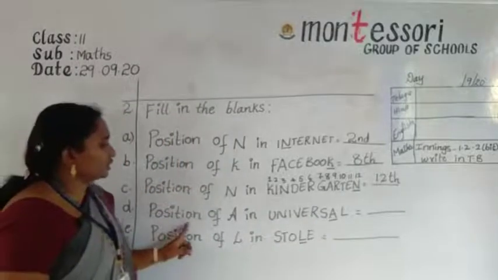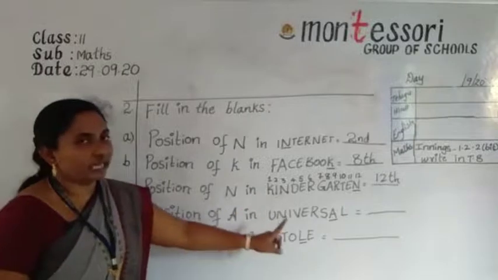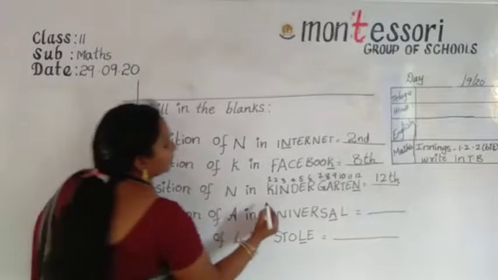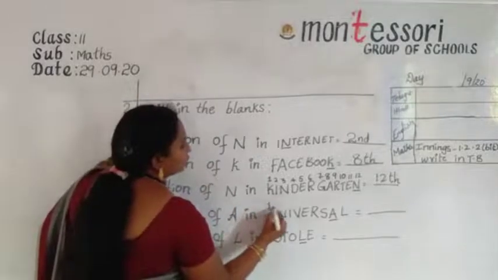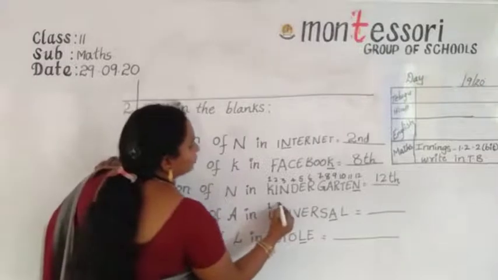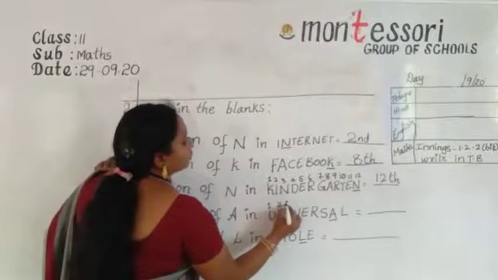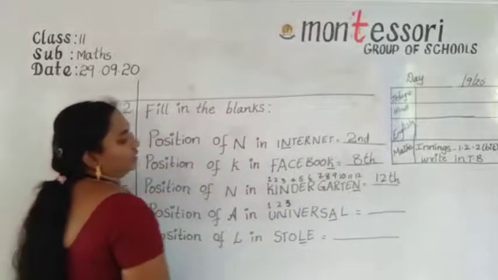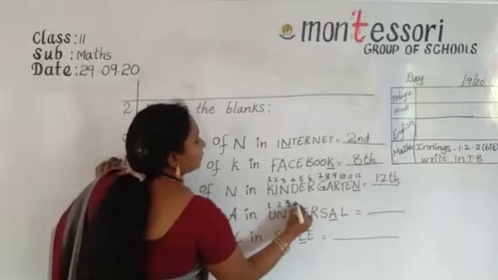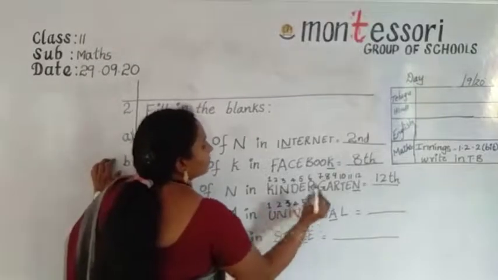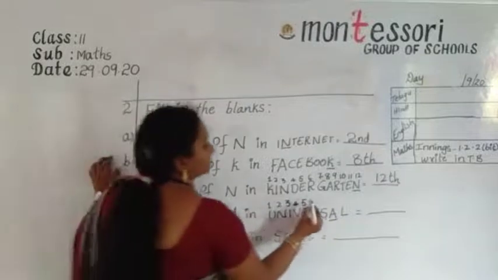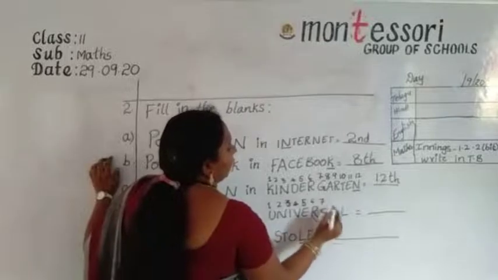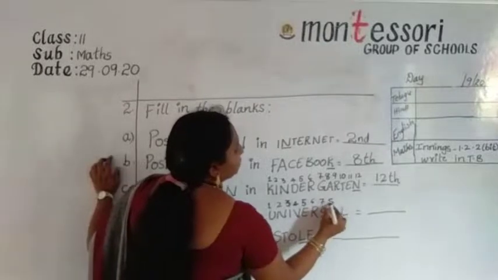Position of A in universal. Now we can find out. U in first position, N in second, I in third, V in fourth, E in fifth, R in sixth, S in seventh, A in eighth position.